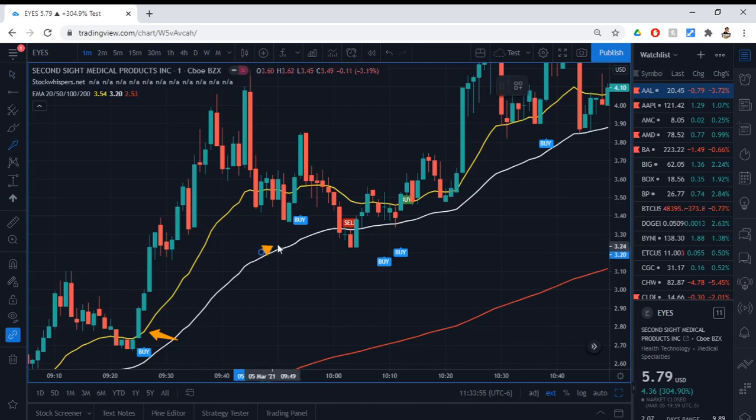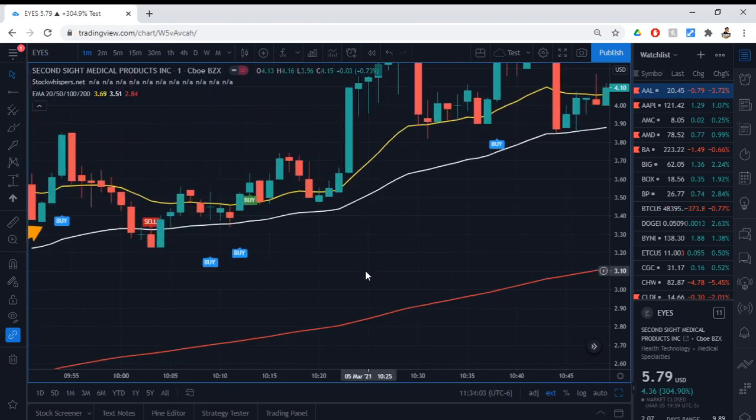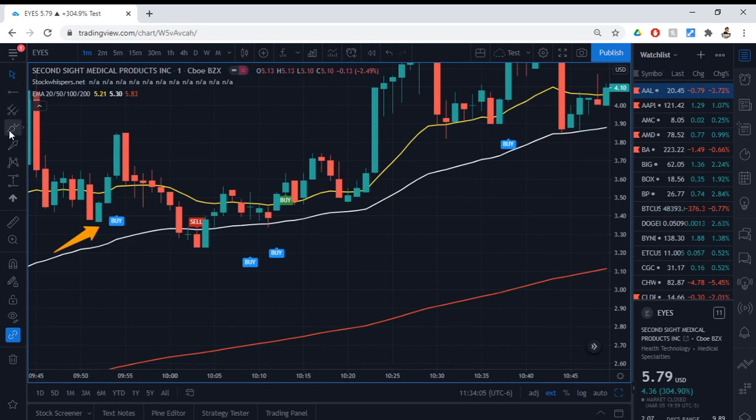This trade, right? But then you got the sell signal here. So these two, 1, 2, you are not going to take them, right? Because you're on a sell signal from a longer time frame.